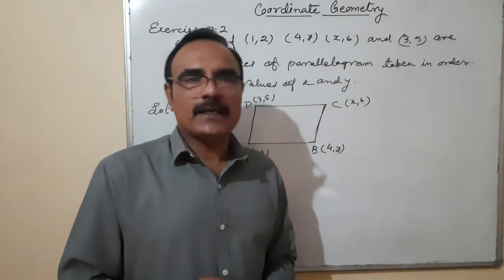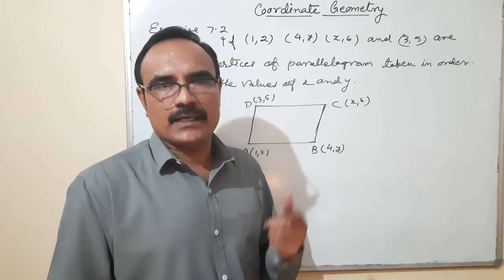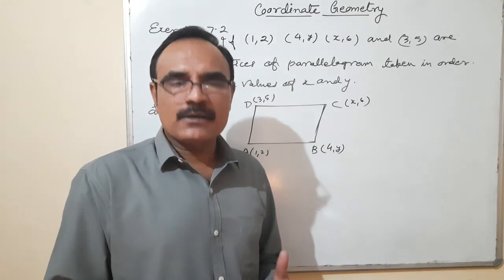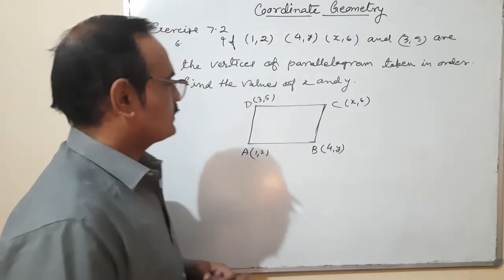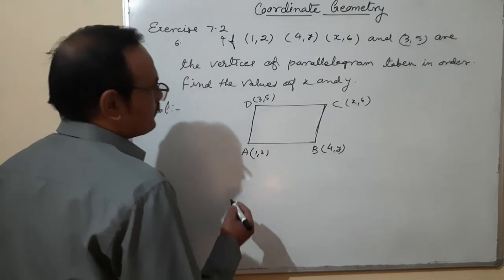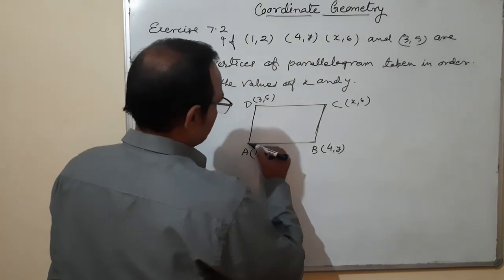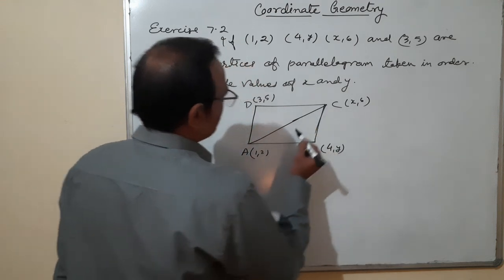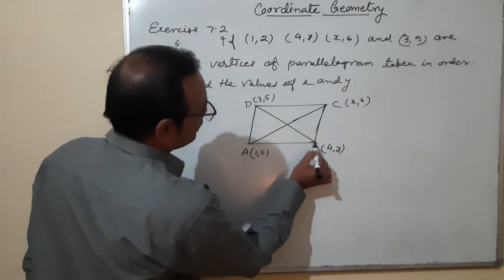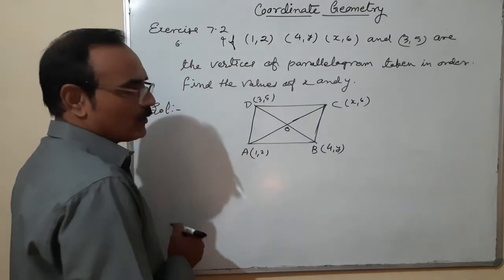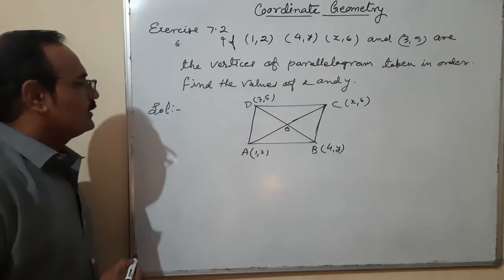Parallelogram property, you know that the diagonals of a parallelogram bisect each other. They are not, in fact, equal, but they bisect each other. AC is one diagonal, the second diagonal is BD. This is O. Okay. So what to write here?